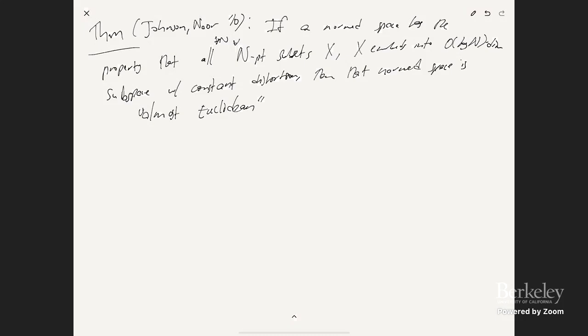But the lower bound there is something like n to the 1 minus O of 1 over log 1 over epsilon, something like that. You need that dimension at least to get distortion 1 plus epsilon.